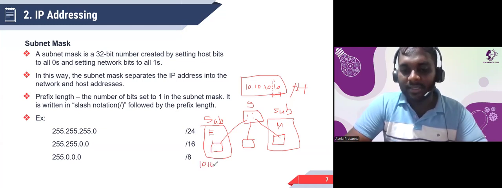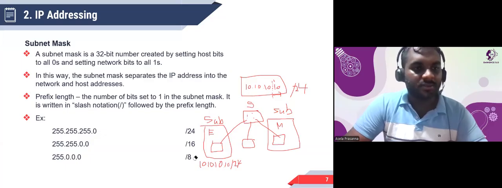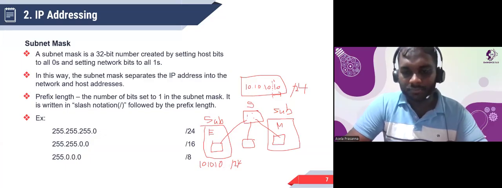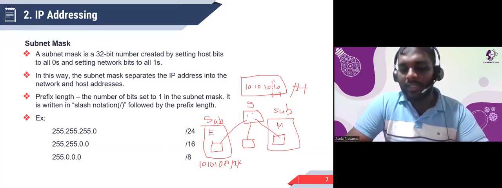So the main thing is that I am giving engineering students 10.10.10, where the last number can be anything, with /24. For now I will take this as 0. So engineering students have got 10.10.10.0/24.